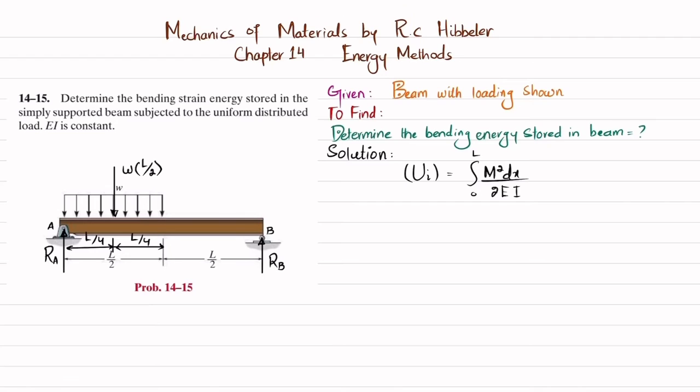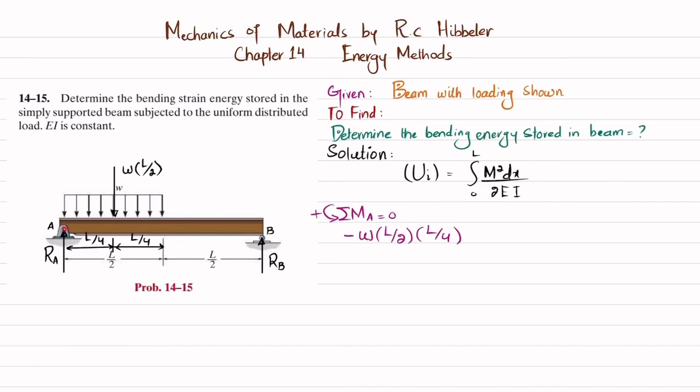Now you can apply the equation of equilibrium. What will be the first equation of equilibrium? The first equation of equilibrium will be the sum of all moments about point A equal to 0, taking the counterclockwise moment as positive. About point A, the first moment will be this load, which is WL by 2, and the perpendicular distance is L by 4, and this is producing a clockwise moment, so it will be negative. So I will write minus W into L by 2, and the perpendicular distance is L by 4.